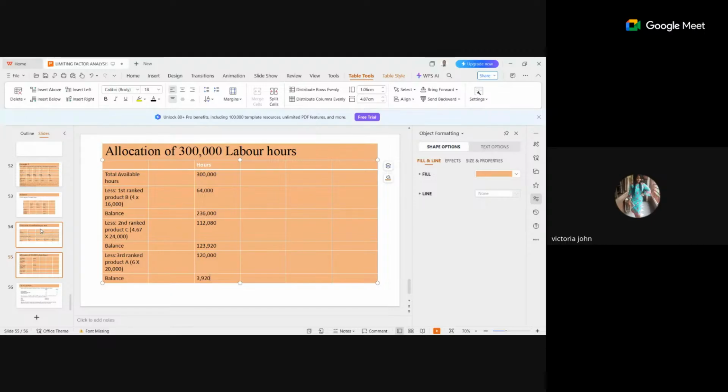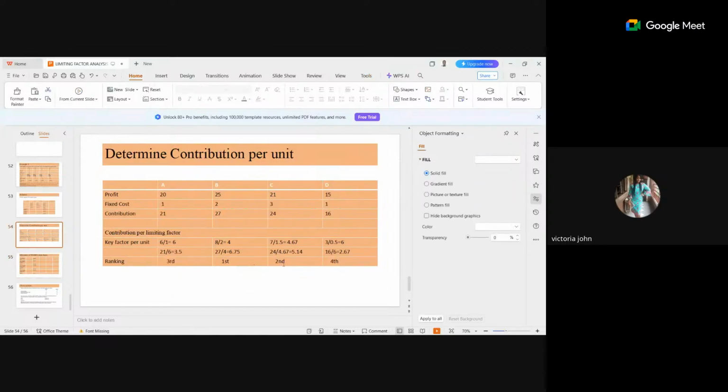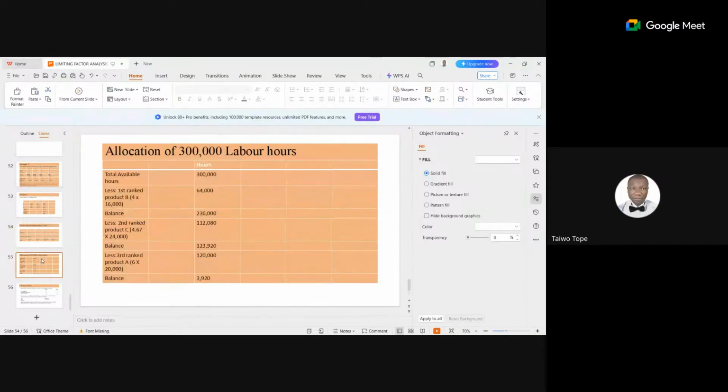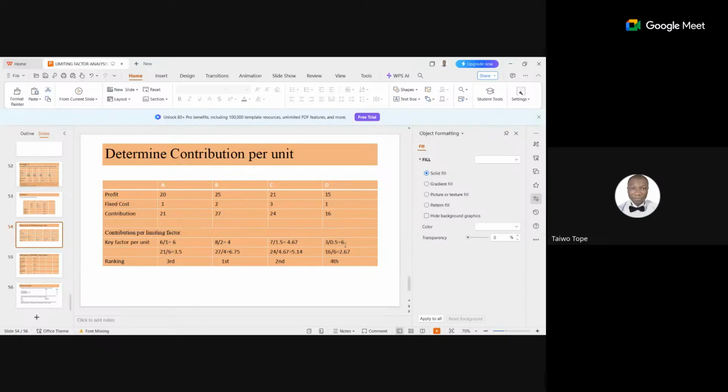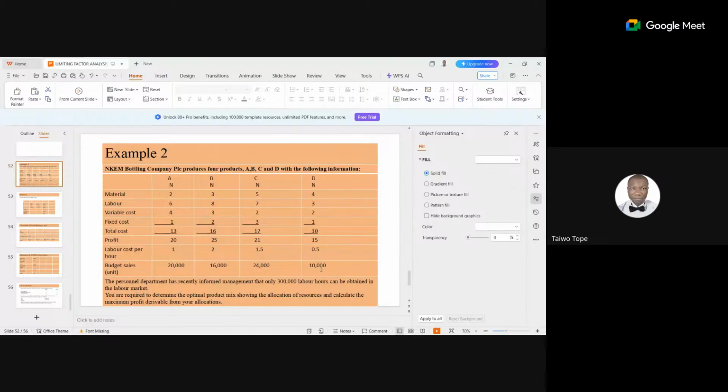Now the next ranking product is product D. How many hours do we need to produce 1 unit? 6. Based on the demand, we are to produce 10,000 units of product D. If we are to produce the whole 10,000, it means 6 times 10,000, which is 60,000 hours.